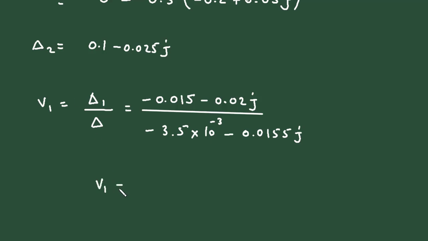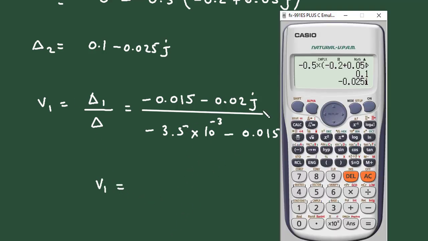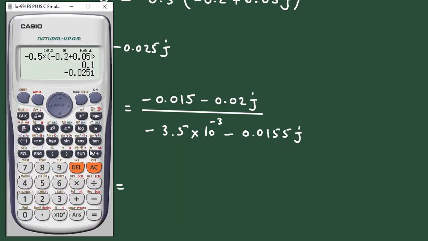So V1 is equal to, let's solve this in the calculator, minus 0.015 minus 0.02 into j divided by minus 3.5 into 10 to the power minus 3 minus 0.0155 into j.